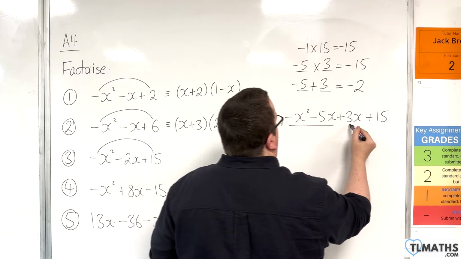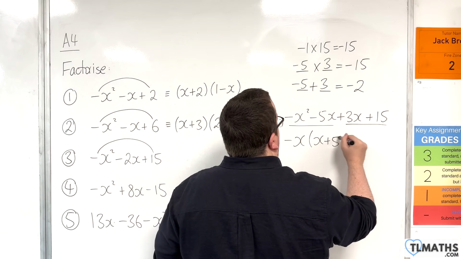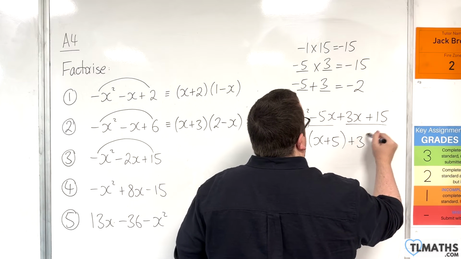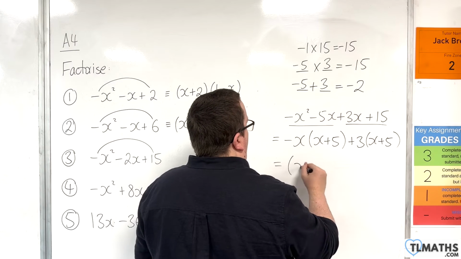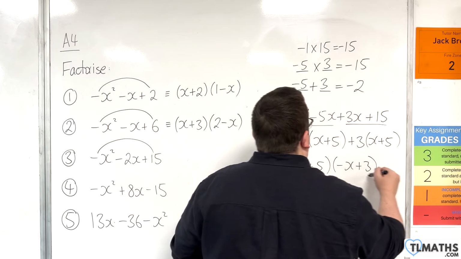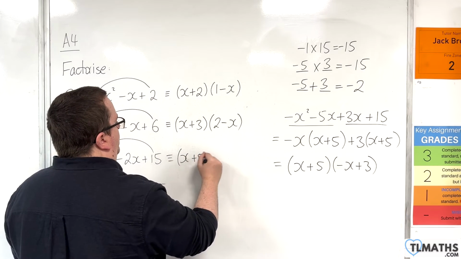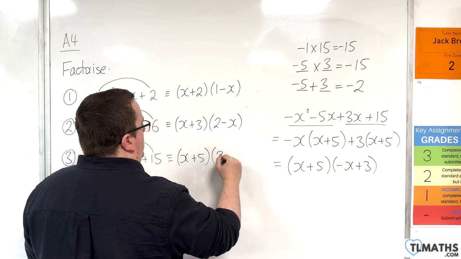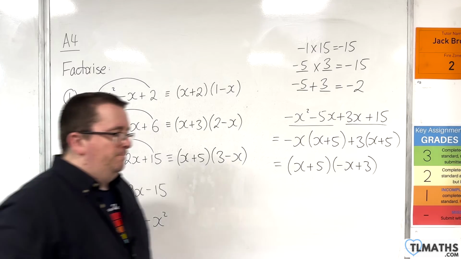So factor the minus x out of the first two terms, and then you've got x plus 5, and then we're going to have three lots of x plus 5. So x plus 5 is one bracket, minus x plus 3 is the other. So we're going to have x plus 5, and then 3 minus x. Okay?